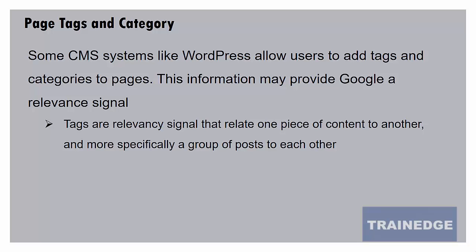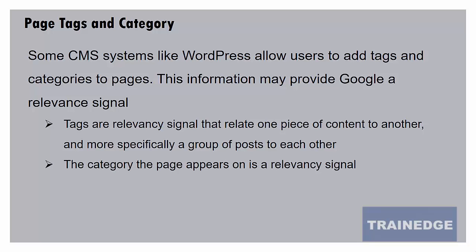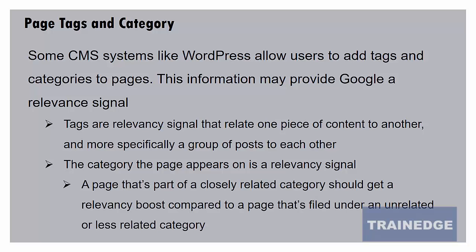So this is how the category or the tags provide a relevancy signal. If you have two pages which are both related to the same topic, you should create a category and put both the pages in the same category. That will help both the pages rank higher.